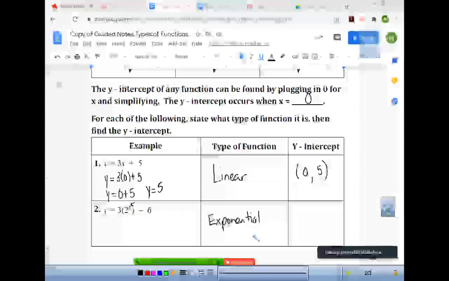When your x is your exponent, that's exponential. And so same thing, to find the y-intercept, we're going to plug in 0 for x and simplify it.